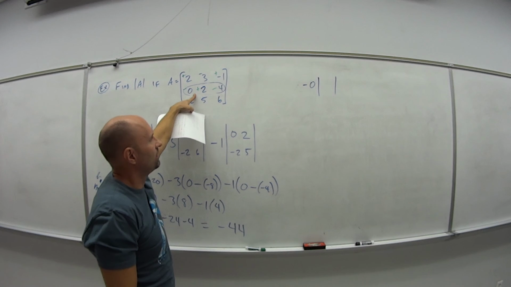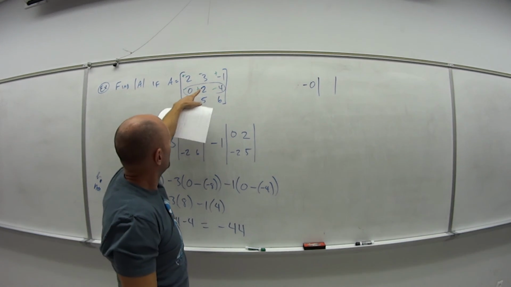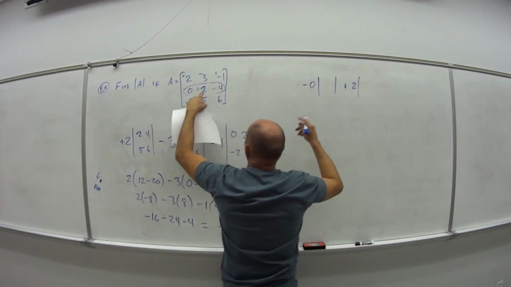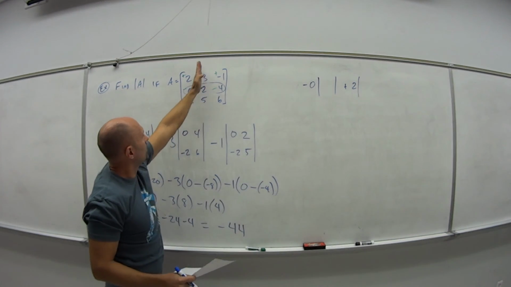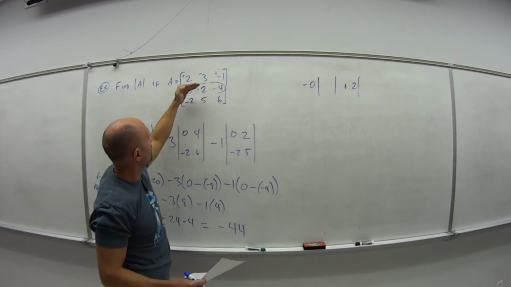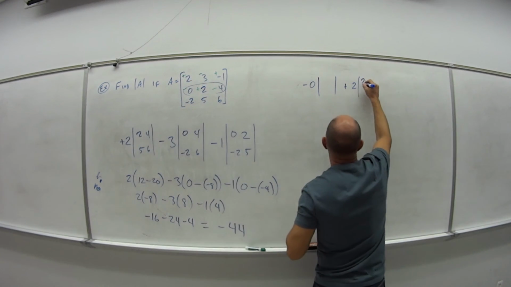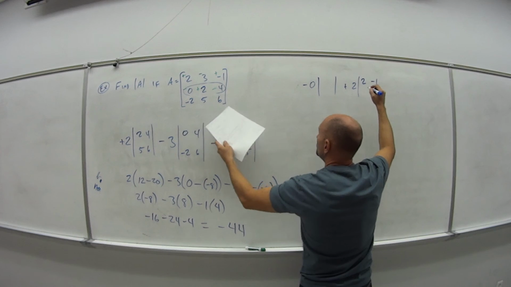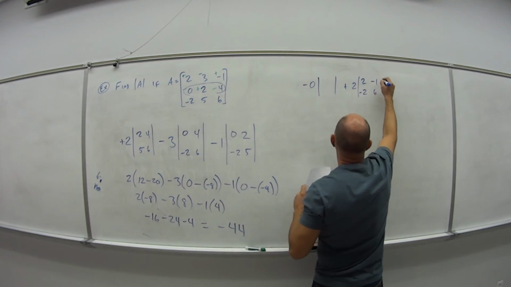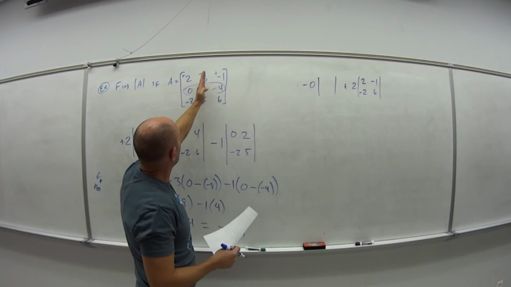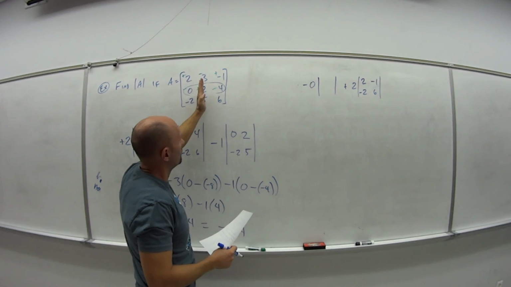Because 0 times anything is going to be 0. Then plus 2. So if I'm on this middle, it means what? Middle column, middle row. So I get what left over? 2, negative 1, negative 2, 6. You have to be careful there too. If I'm on this value, it's that column and that row associated with it.